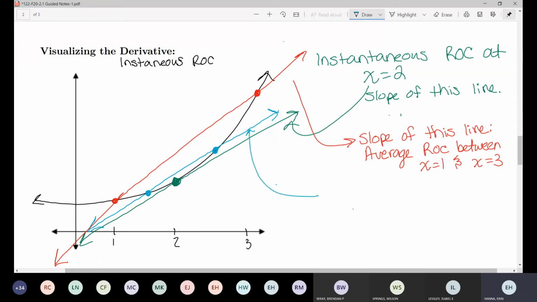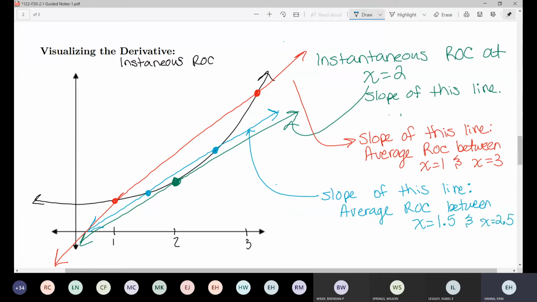So now we've got this blue line here. I know I've got tons of lines going everywhere. The slope of this line, I have a point. The slope of this line would be the average rate of change between x equals 1.5 and x equals 2.5.